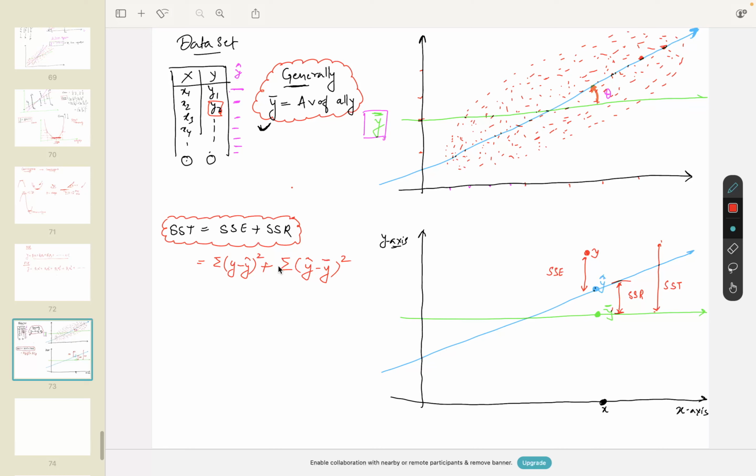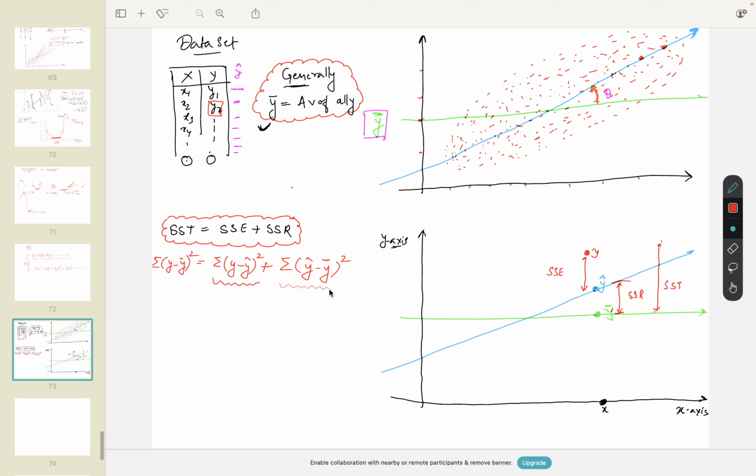Are you getting my point, everyone? Very good. So this sum of square of total will be summation of y minus y average, whole square.